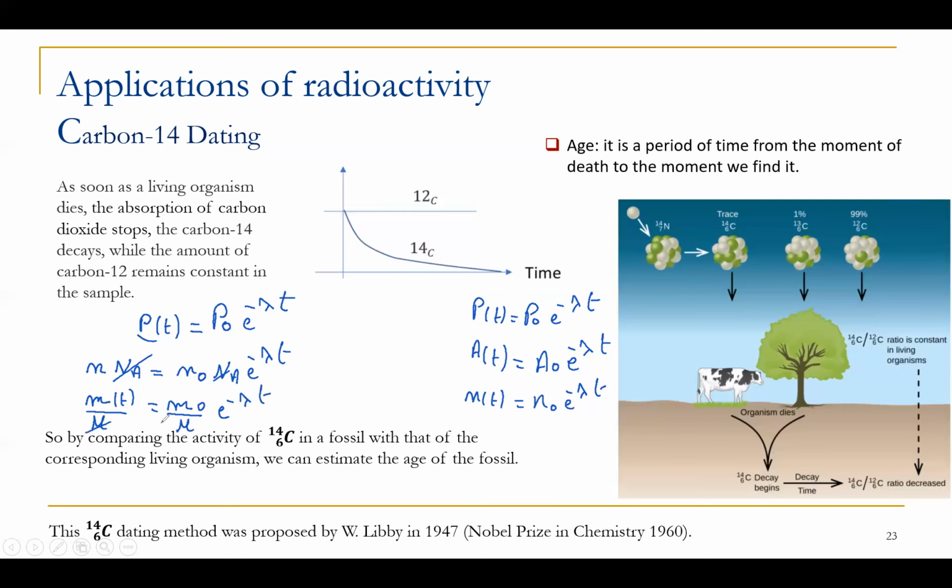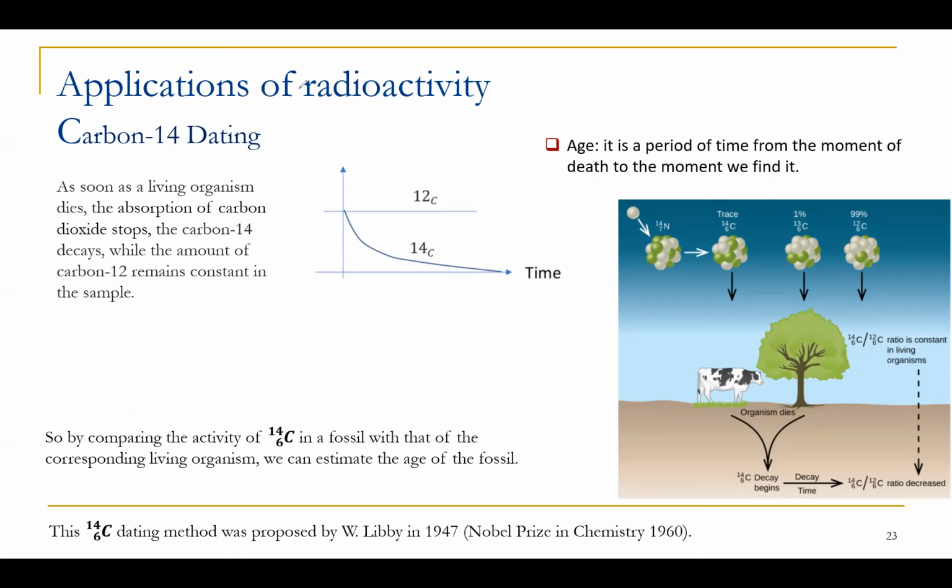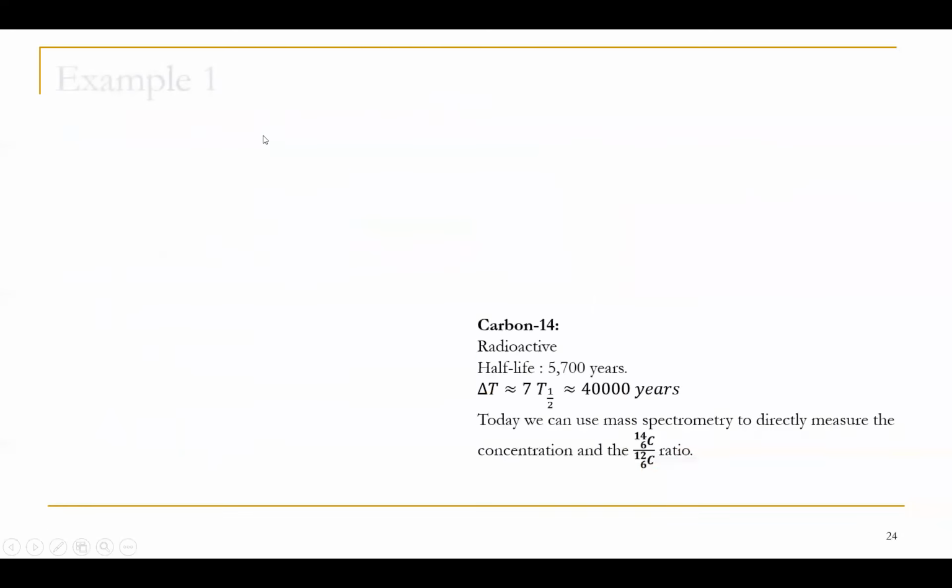We can eliminate M with M. So we have the mass at a time t equals the initial mass times exponential minus lambda t. So if I give you any one of these values, we can calculate the age. Okay, let's go to the application.